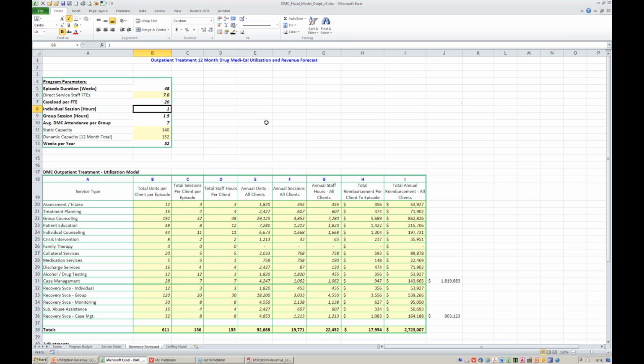But taking it back to the residential setting, if the average length of stay is 90 days, then those beds turn over 4 times a year, so 10 beds times 4 turnovers, and dynamic capacity is 40. And you can see where length of stay has an impact here.